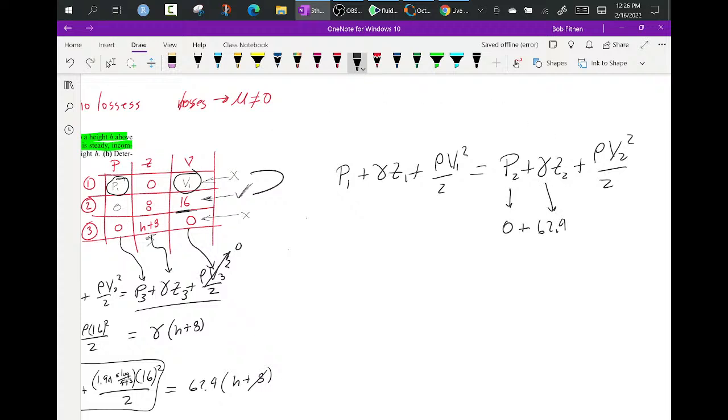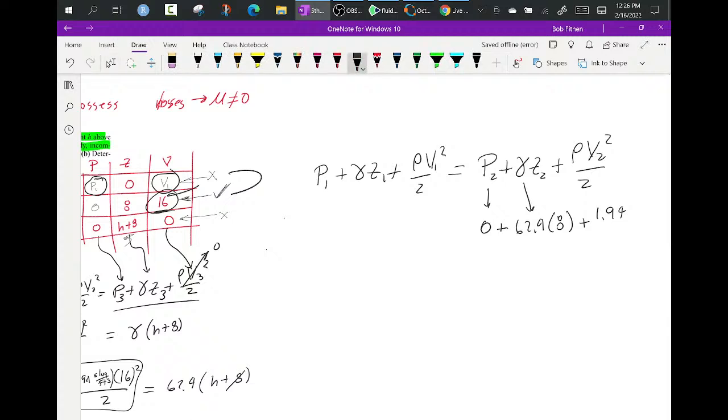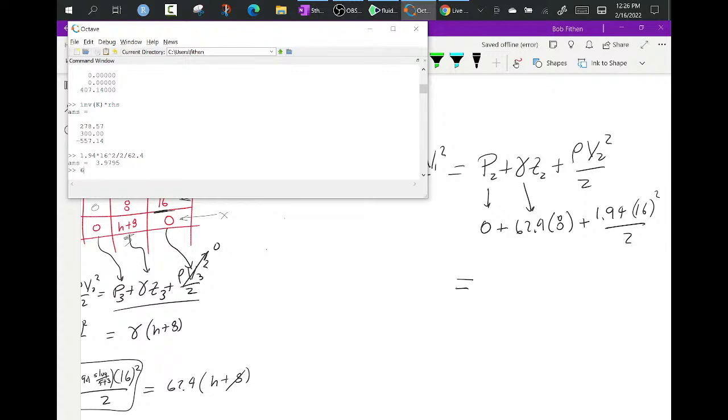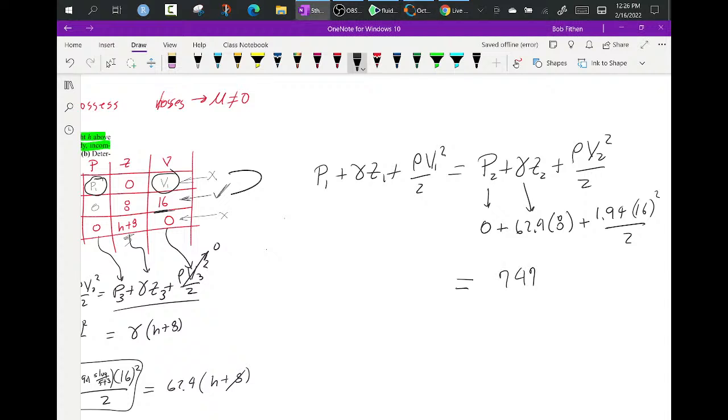Z2 is 8 plus 1.94, and the velocity 2 is 16 over 2. So my number becomes 62.4 times 8, that's 1.94 times 16 squared over 2, or 747.52.